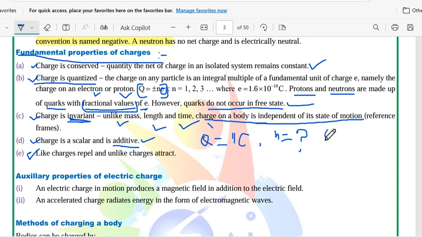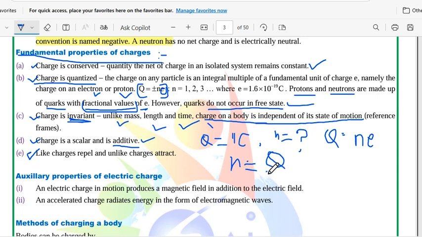We know the formula, that is Q is equal to Ne. Is it right or not? Yes. Then N will become Q by e.